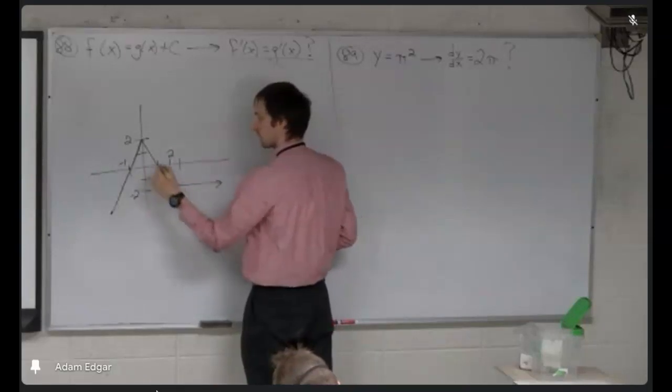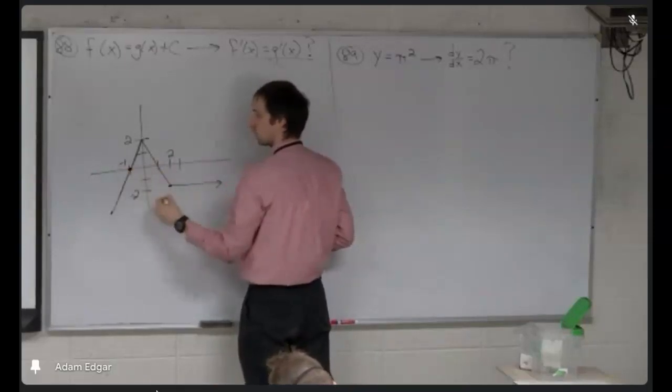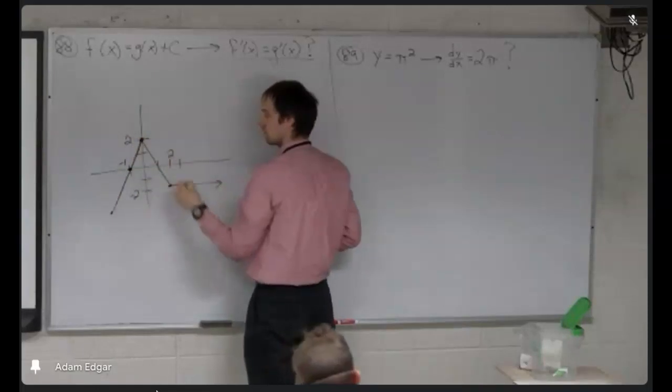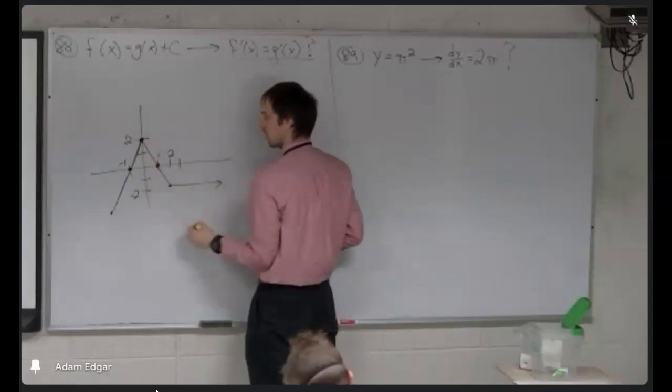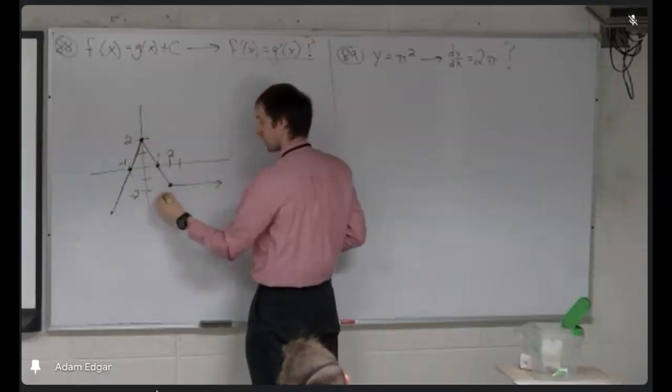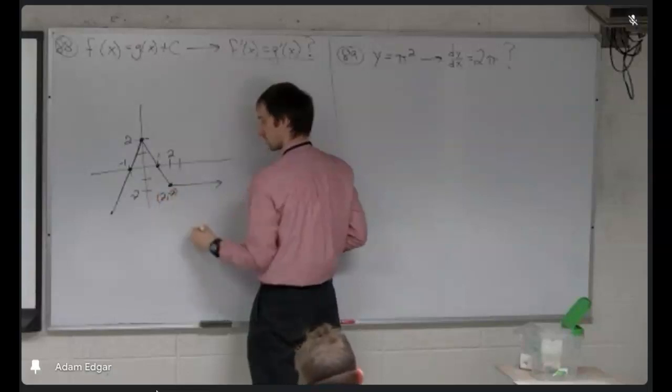So this is -1, 2, 1. This is 2 comma -2. And then this is trying to be flat.